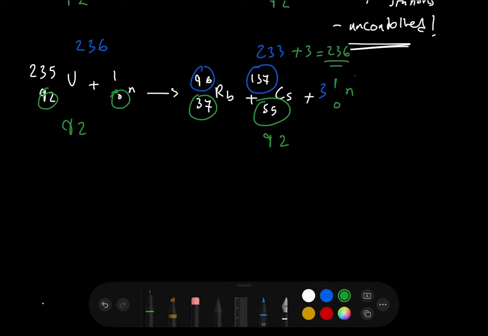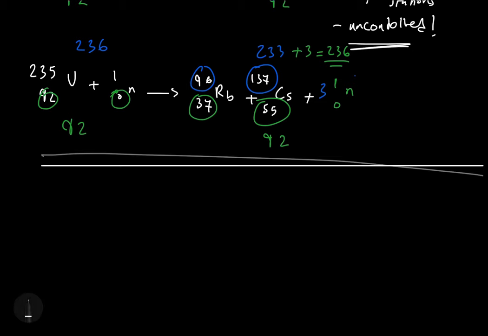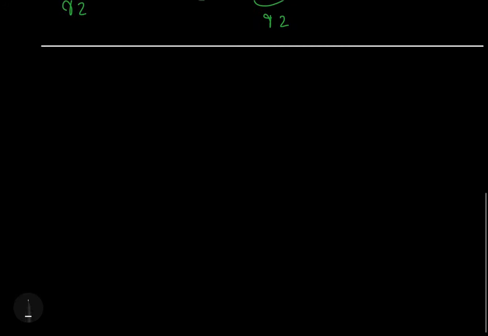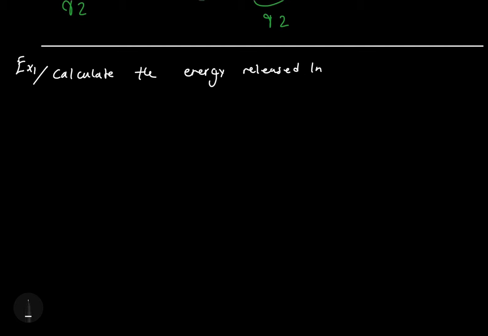Let's go ahead now and take a look at a problem in which we have to actually calculate the energy released. So let's consider the original equation of nuclear fission. Example number 1. Let's calculate the energy released in the reaction that is given below.